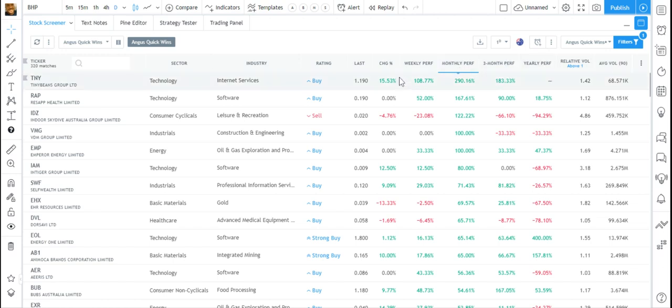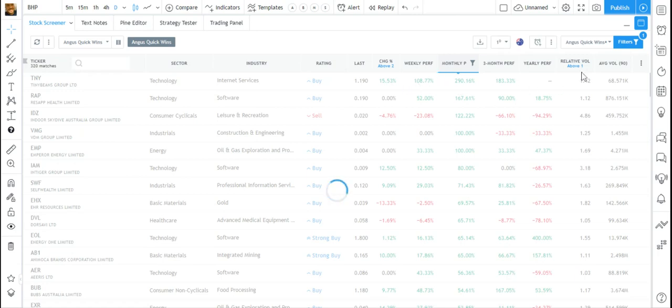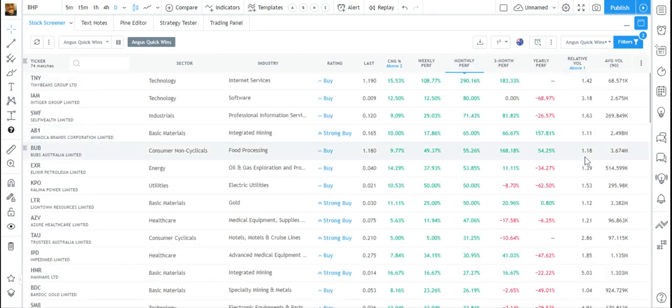You can see I also want to set the percent change. I want to go above 2%. So what I'm doing is I'm looking for stocks where they've got extra volume coming through compared to the previous period, and they've got a 2% or greater increase in their price. So there's something happening with these stocks.